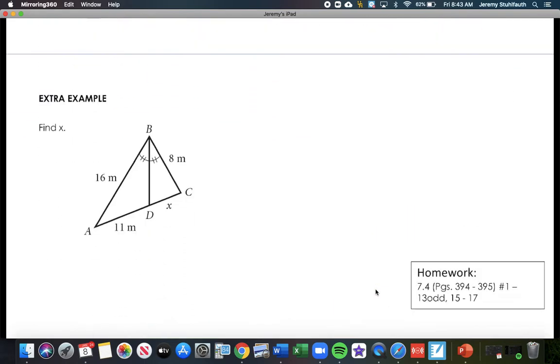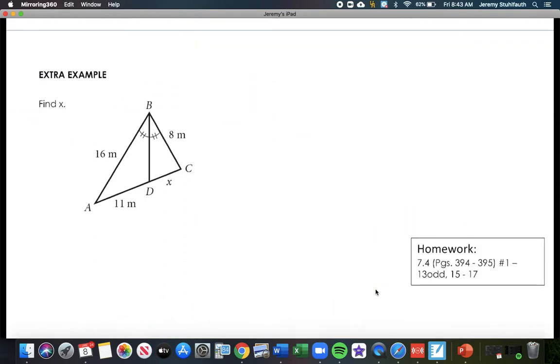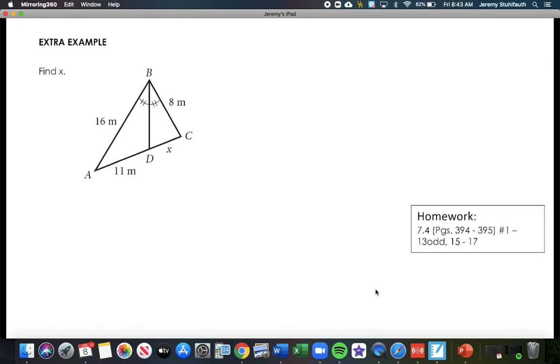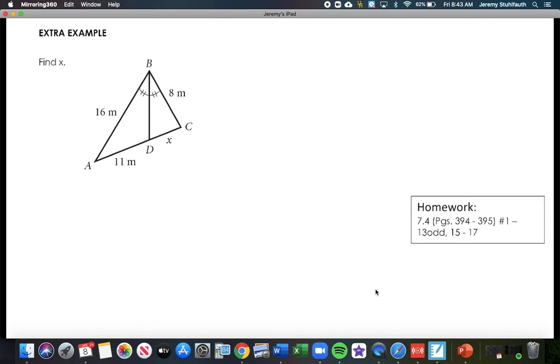So if we jump down to this extra example, we would like to find the measurement of x right here. First of all, we have an angle bisector.